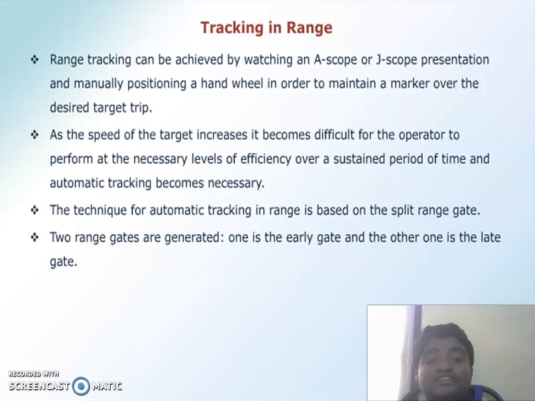As the speed of the target increases, it is difficult for the operator to perform at the necessary levels of efficiency. To avoid this, automatic tracking is required.